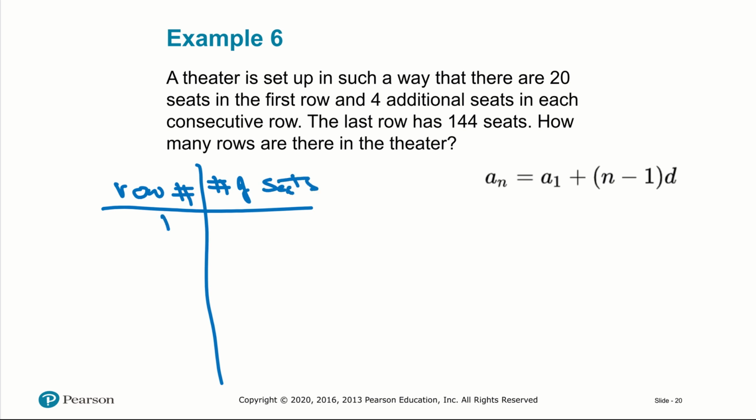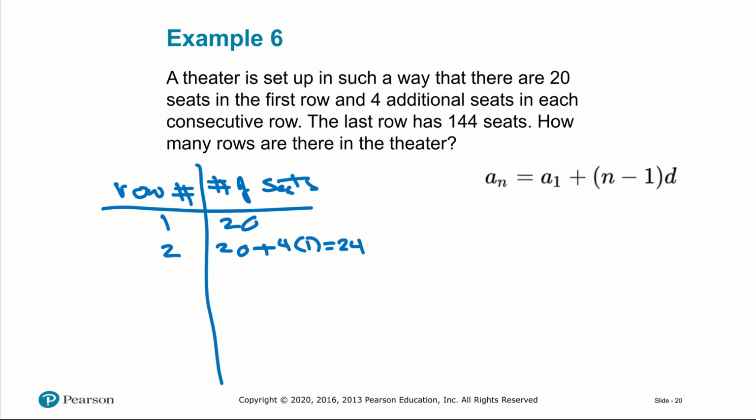Now we know that the first one is going to have 20 seats, right? And the second row is just going to add 4, right? So it's going to be 20 plus 4 times 1, which is 24.